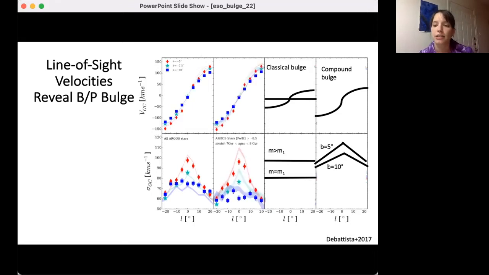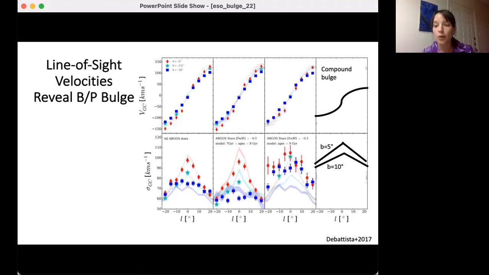But there have been studies showing that maybe the metal poor stars may actually be part of a classical bulge component, because we see this much higher velocity dispersion amongst these stars, which is consistent with a compound bulge signature, indicating an overlapping classical bulge component.